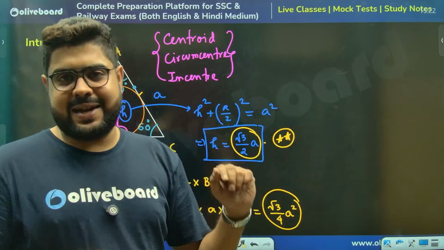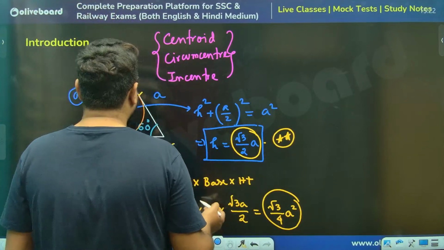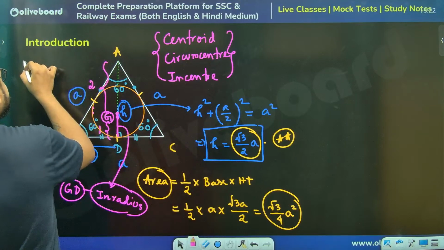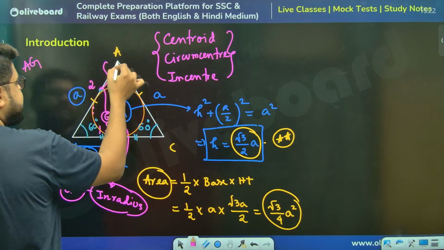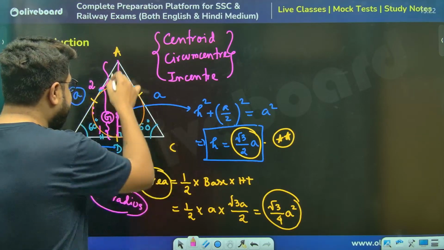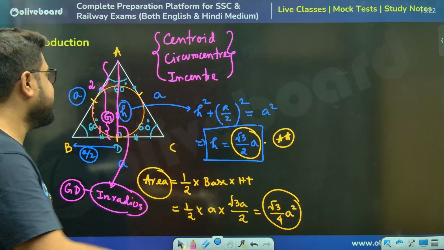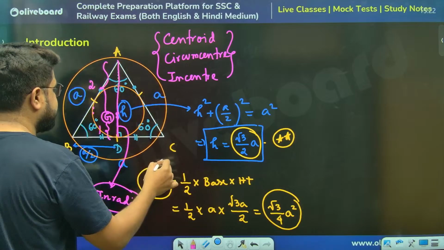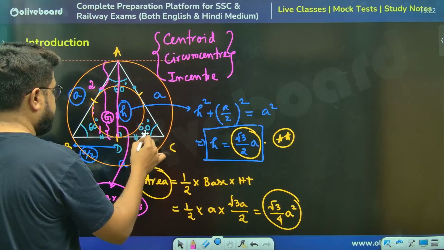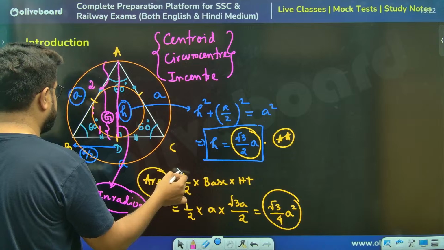And please understand one more thing. Sir, the other part, that is AG. AG means this part, sir. This will be the radius of the circumcircle. Meaning, if I draw a circle like this, let's see if we can match it.